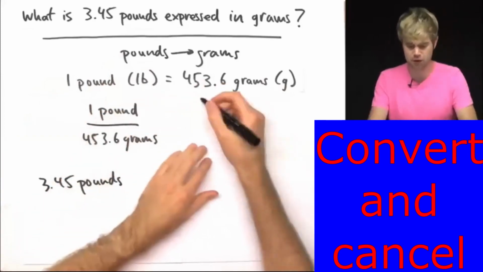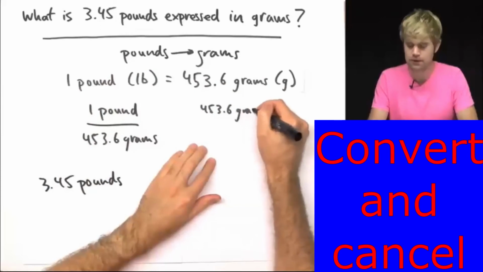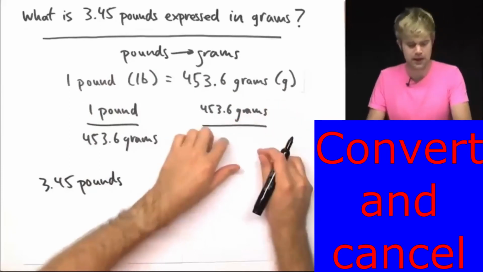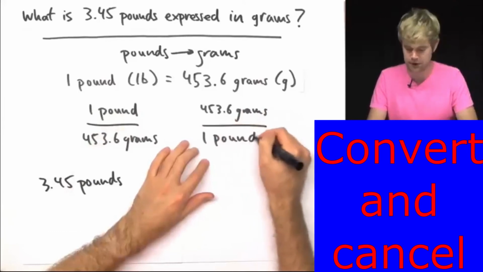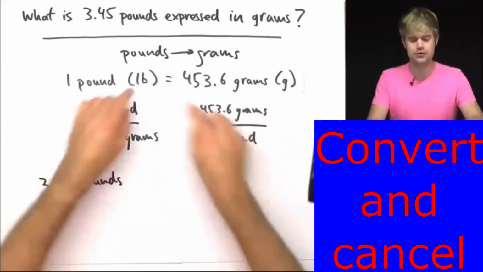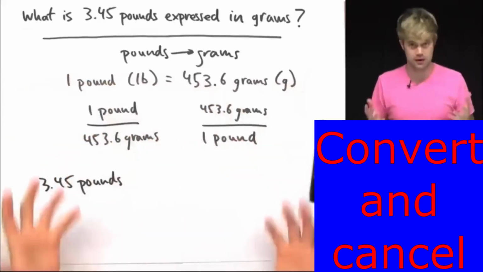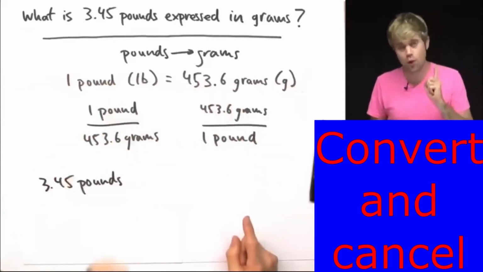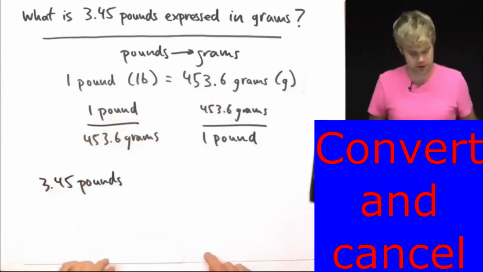So this 453.6 grams, we put that now on the top of the fraction and divide it by 1 pound. So two conversion factors that you can write from this statement here. Either one of them is correct, but only one of them is what we want to be using here. Okay, so we're just going to use one of these.